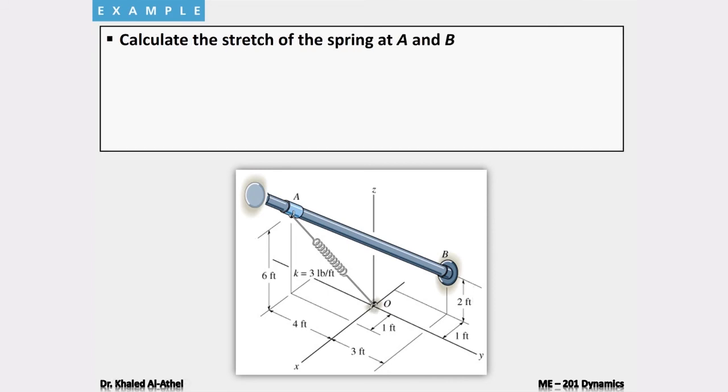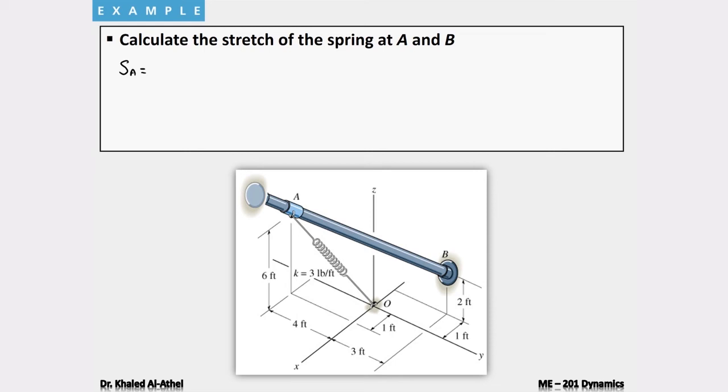Now, before I do the elastic potential energy, let me calculate the stretch of the springs at A and B. Need some calculation. Now remember, at position A, first of all, let me write it, S at A. Remember the definition of S that I told you? It is the current length minus the unstretched length.